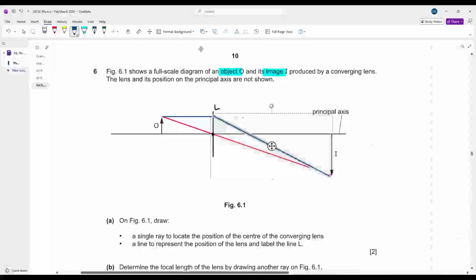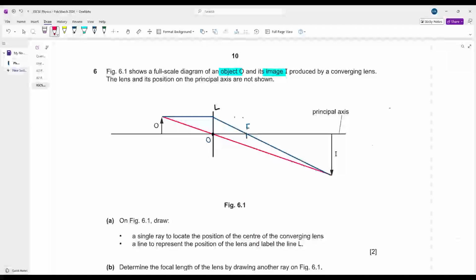Like this. I hope I can draw it correctly. अल्लाह करे correctly draw हो जाए. हाँ, somewhat like this. Yep. This is your focal point. This is your optical center.